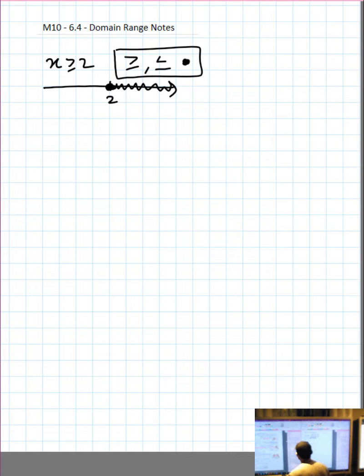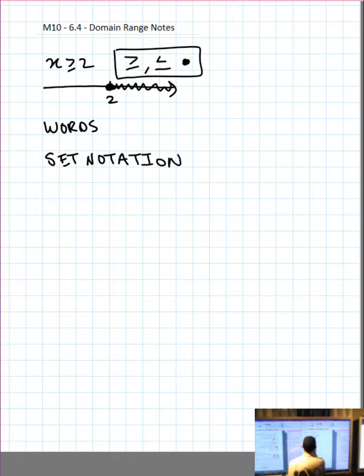Now we're going to learn how to write this in different ways. So we're going to do it using words, set notation, and interval notation. Now I'm just going to put tick tick because it's exactly the same word as above, and I want you to start doing that.